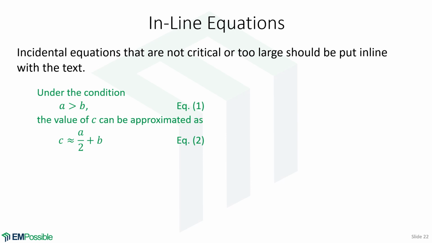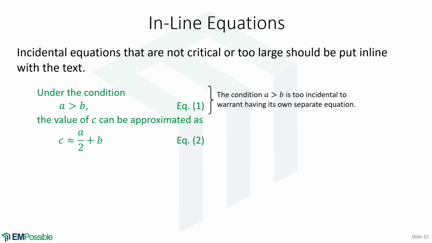So my example here: under the condition A greater than B, the value of C can be approximated as, and then I give this final equation. The problem with that is the A greater than B is just too incidental to warrant having its own breakout equation. So we wouldn't want to do that.